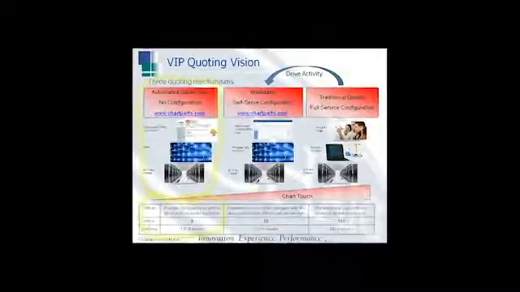The other activity that we have today is what's over here on the right, which talks about where we are today as far as how we do our quotes. It's the traditional means, full-service configuration. We typically have a whole project team.